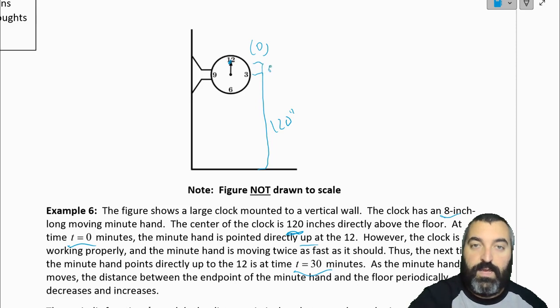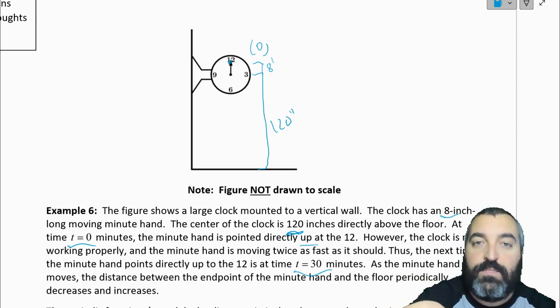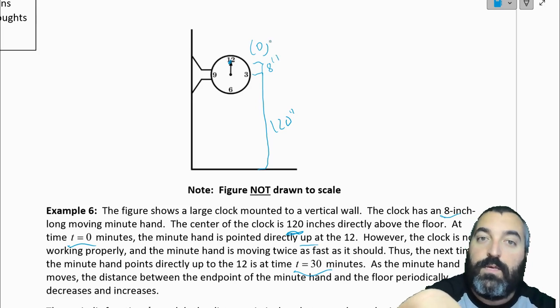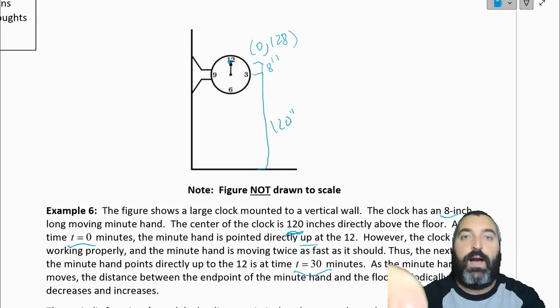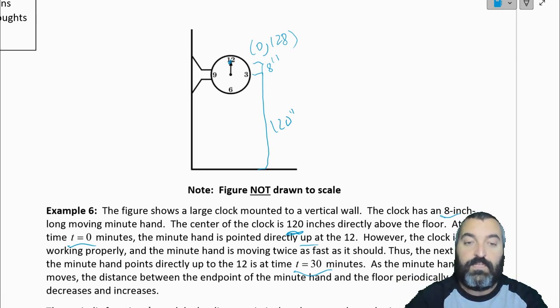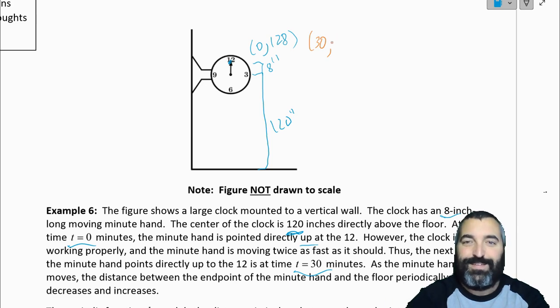So that means the height at time 0 is 128, and that's going to be the maximum height, right? Then they tell us this clock is moving really quick, so the next time it hits this point, it's back at 30 seconds. 30 minutes. Man, I'm doing good with my units.